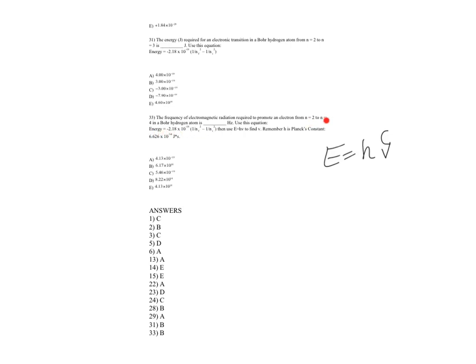And I've given you the values of n there and then the value of the constant. So use that to calculate energy, then use that energy and the value of Planck's constant to get your frequency, and the answer will be in hertz. The answer that you get will be in the proper units. The reciprocal seconds, those are the same thing as hertz.